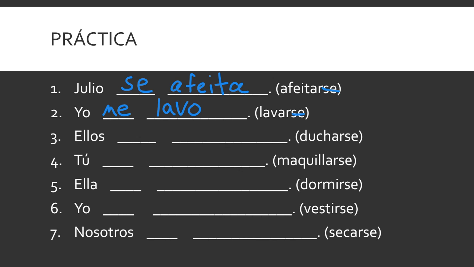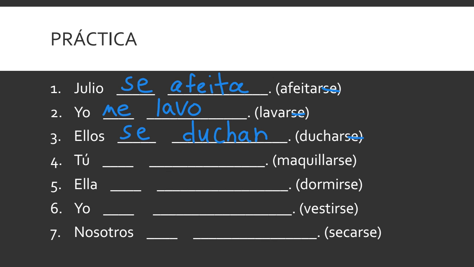We take the se, and we actually are going to end up just using se just like it is because it's in the ellos form. Then we take the verb ducharse, and we end up with duchan. Ellos se duchan.